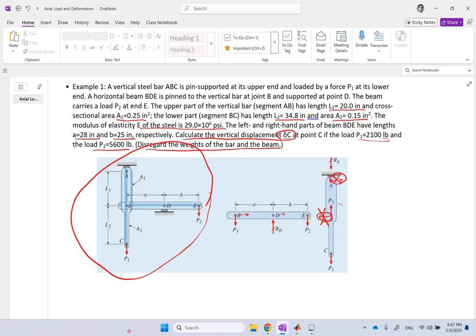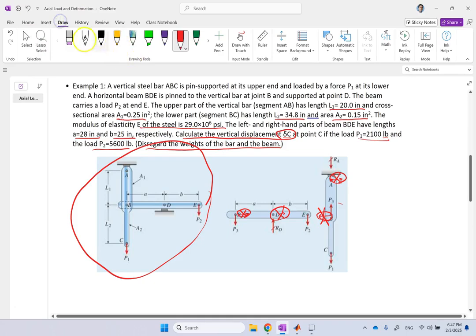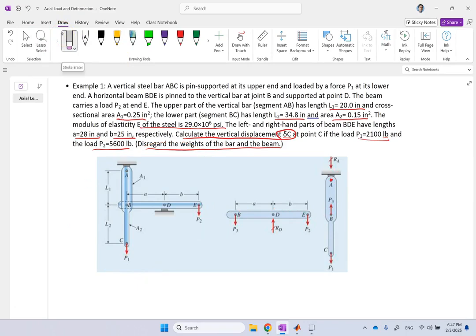That's why you see in the free body diagram of ABC, only the vertical components exist, the horizontal ones are 0. Now, when B is 0, as we just found, if you look at the FBD of member BDE, this DE has to be 0 as well, because sum Fx is 0. So again, in this one, the only forces are the vertical forces. So that's why you see no horizontal component in any of these two FBDs. Okay, I just first need to explain that before we move on.